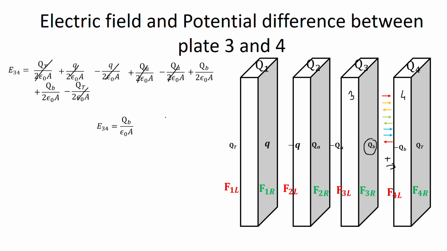That is, the electric field between plate 3 and 4 is proportional to the charge which is appearing on the faces between 3 and 4. In this case, the charge appearing is QB. And electric field is in positive x direction, so E dot dl will be positive. And when we calculate this potential difference, V34 equals QB divided by epsilon naught into A into D.